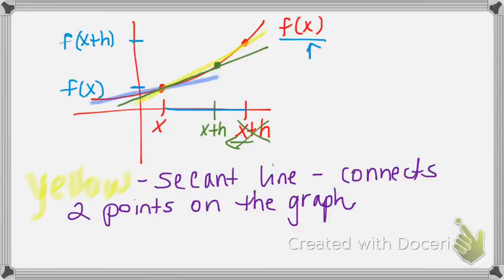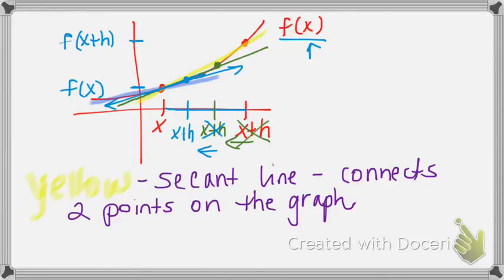Still not exactly the same. It's still positive, but I'm getting closer. Well, we'll do one more line. Let's say that we move it even closer. Well, we're getting really close. The closer we get to it, the closer we get to finding the slope that we want.